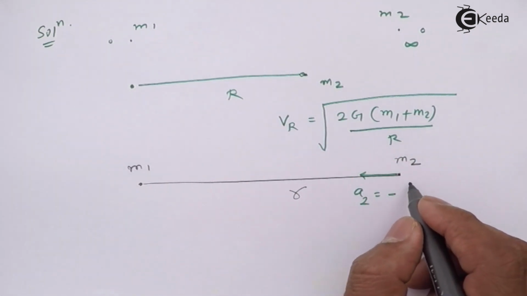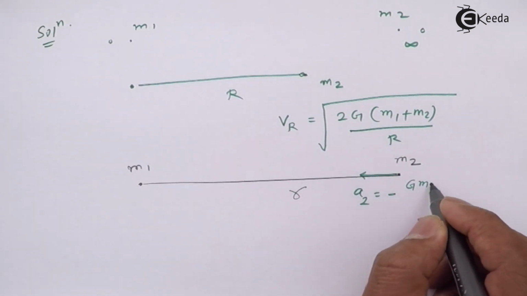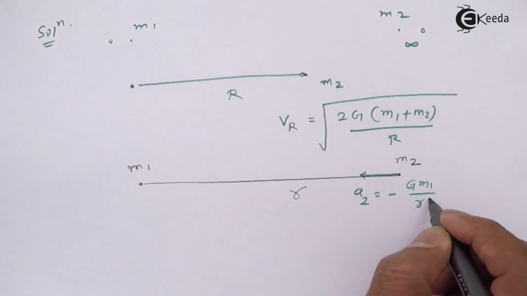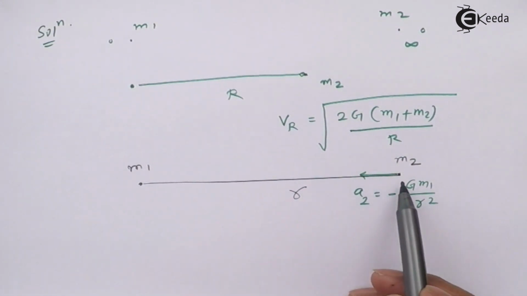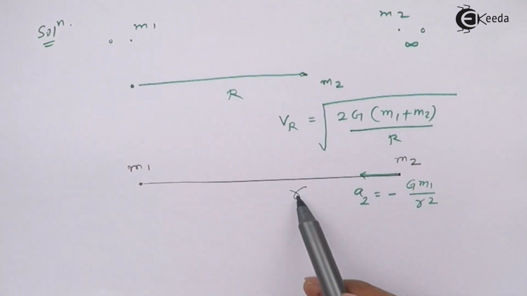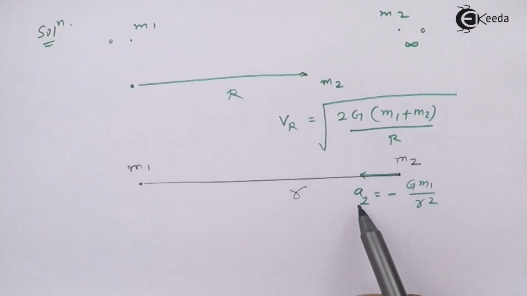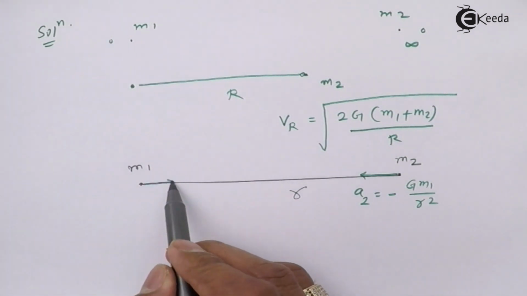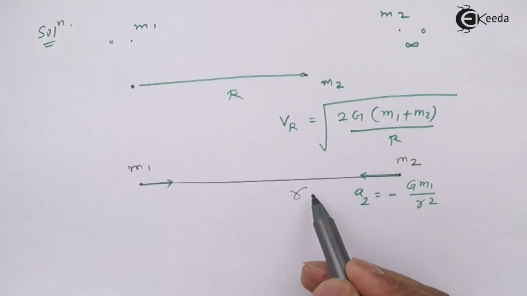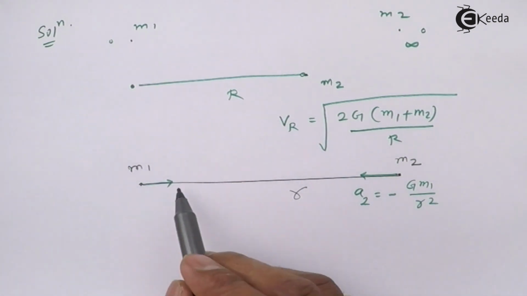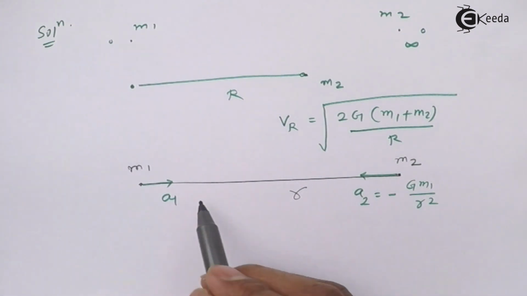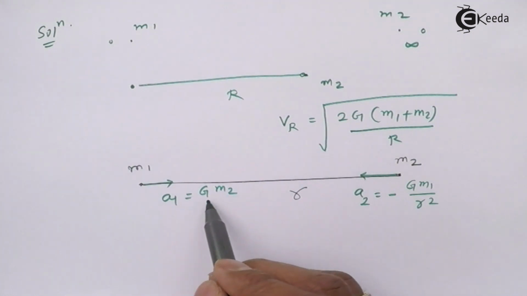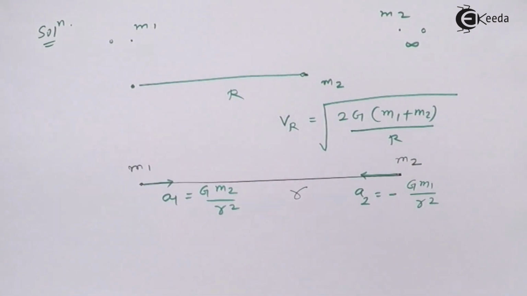The force is G m1 m2 over r square, divided by the mass of this particle to get the acceleration, so m2 cancels out and it is G m1 over r square. Similarly, the force on this will be G m1 m2 over r square divided by this mass, which gives the acceleration toward this side, so it's positive, and it is G m2 over r square. This is the acceleration at which they are approaching.